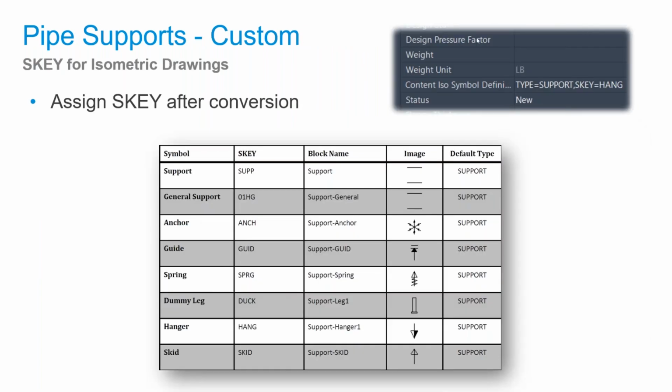So when talking about S keys, S keys determine how the symbols show up in the ISO for the particular supports. And you see here a little table that contains some S keys and images as a preview.